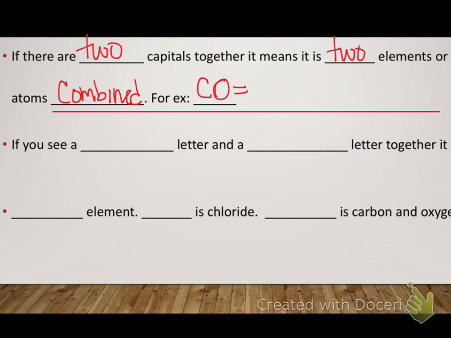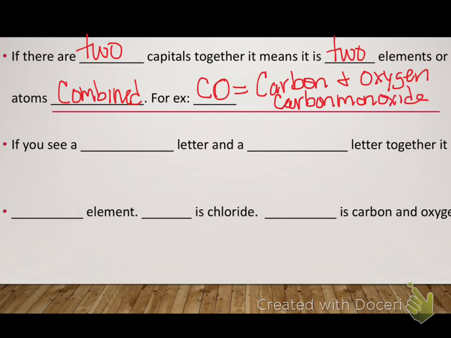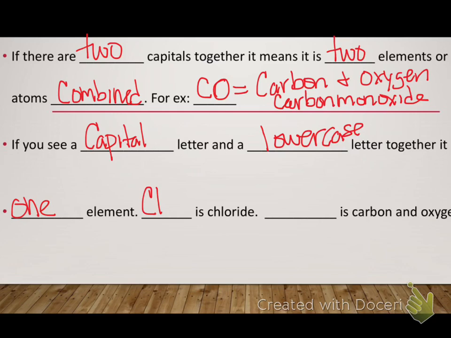For example, CO is carbon and oxygen. We say it sometimes carbon monoxide. So that's 2 capital letters combined. If you see a capital letter and a lowercase letter together, it means it's one element. Like Cl is chloride. This part right there to the right is messed up. Just ignore all that nonsense.